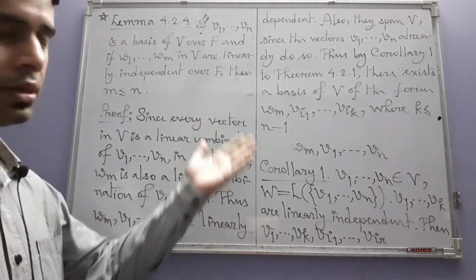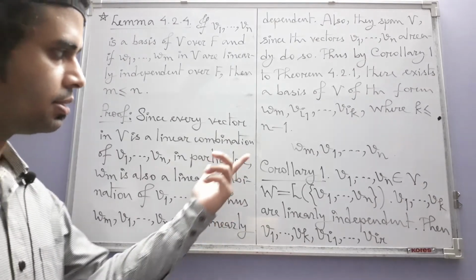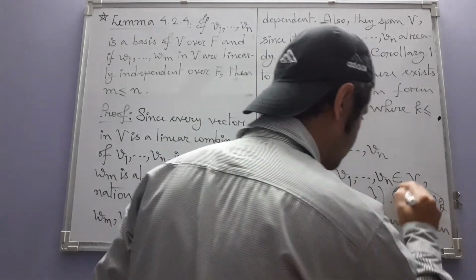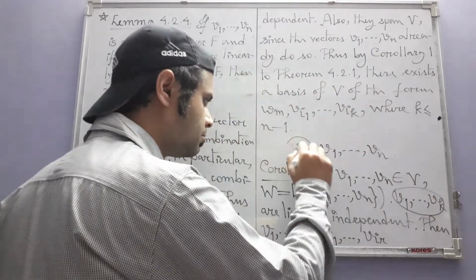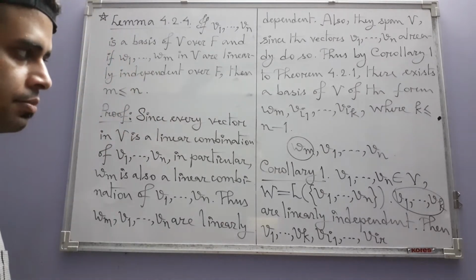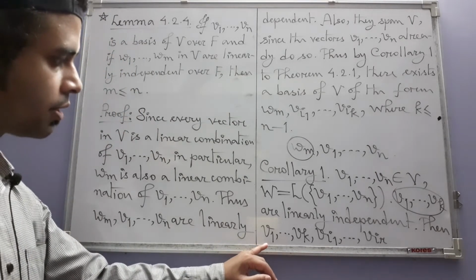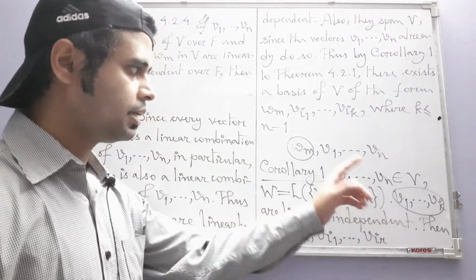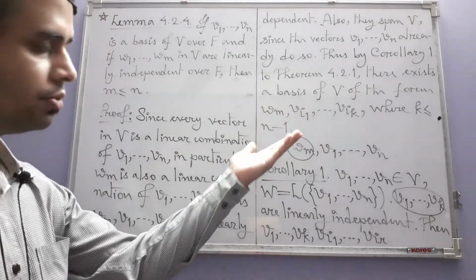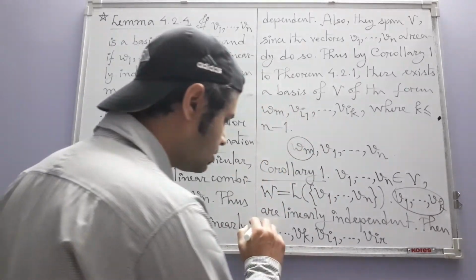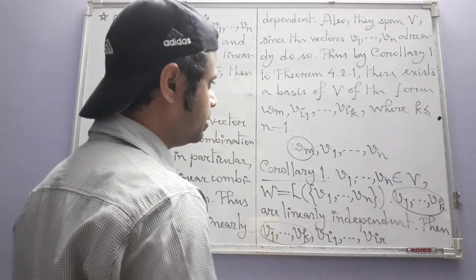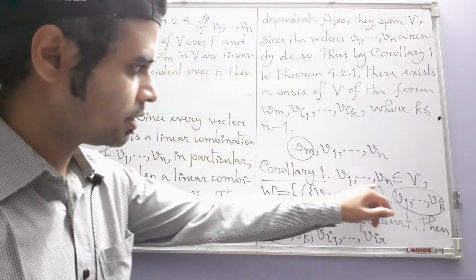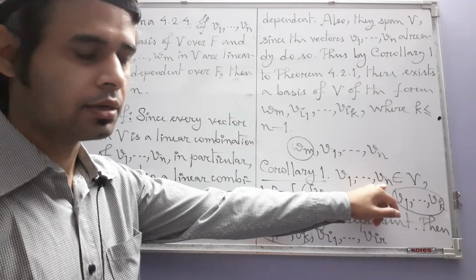For us, in this case, W is V, because these vectors span the whole space. And what are these first few vectors in our case? That is this single vector. So that means we will be able to find a basis of W of this form. In our case, a basis of the entire space V of this form, where in this part we have only Wn and some other extra vectors from the original set.